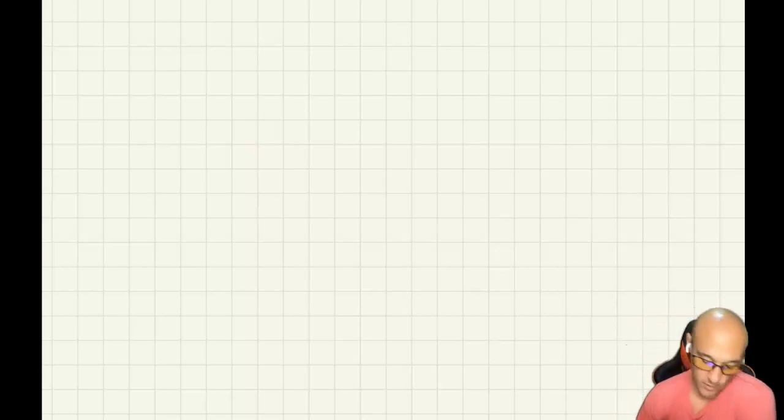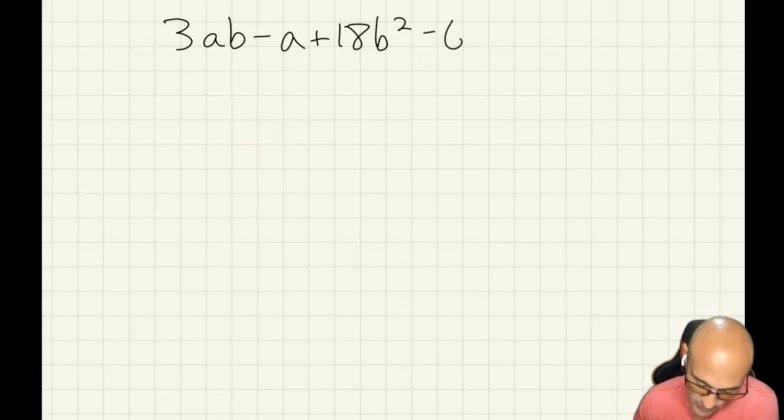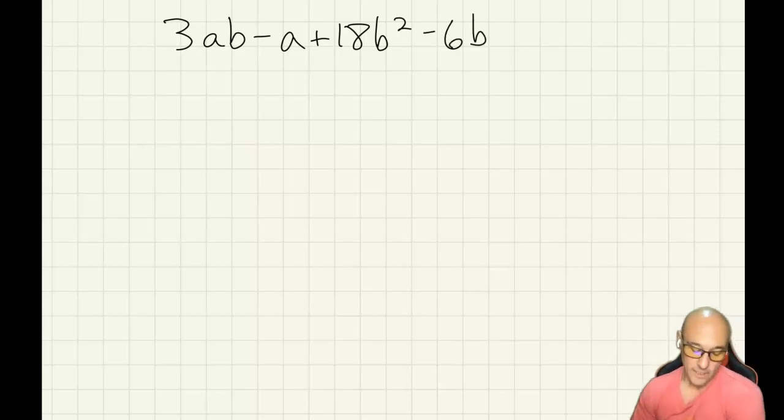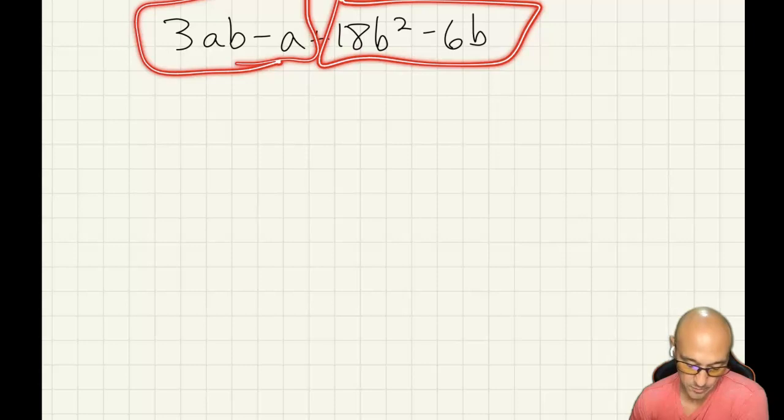All right, so if we have something like 3ab minus a plus 18b squared minus 6b. All right, so in this one, it's set up nicely so that here we can factor something and here we can factor something.